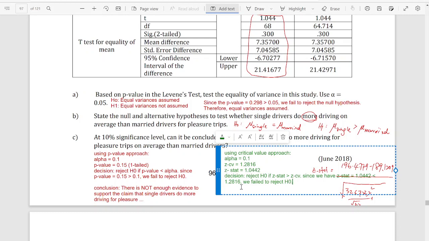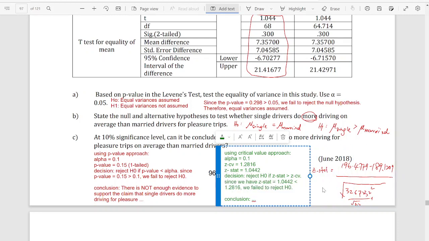Okay, we fail to reject H naught, and then you write the conclusion the same as before. So that is the situation, if you use the critical value approach.